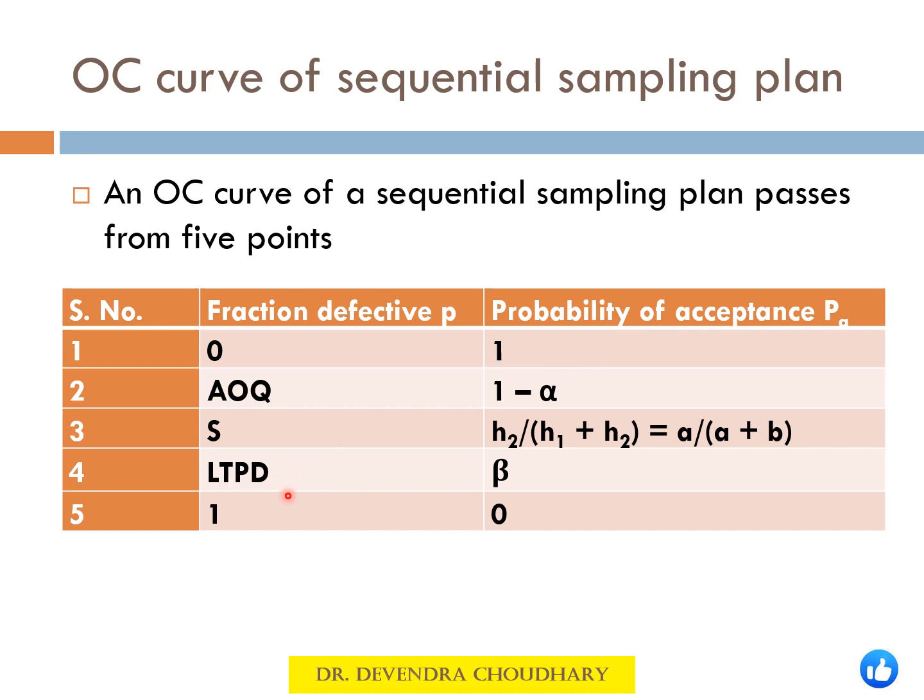Similarly, beta is the consumer's risk or probability of acceptance at the LTPD value, and we previously calculated this S value. Corresponding to S, probability of acceptance is given by H2 upon H1 plus H2, or equal to A upon A plus B. So we have these 5 values of P and corresponding probability of acceptance. Using these 5 points, we can draw an OC curve for the sequential sampling plan.